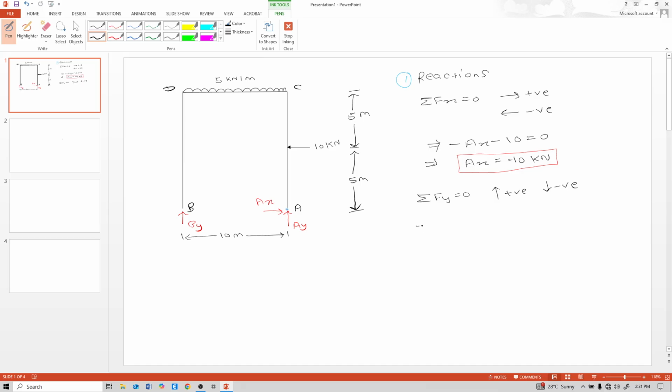So positive By, positive Ay, minus 5 into 10. 5 into 10 because 5 is uniformly distributed load and acts on this 10 meter distance. So equal to 0. So Ay plus By equal to 50 kilonewton.